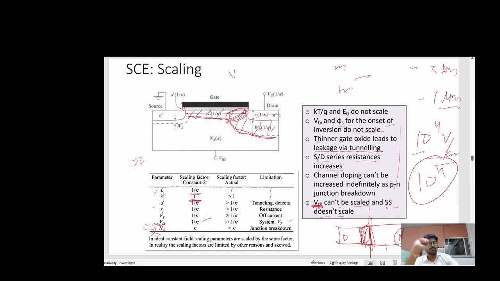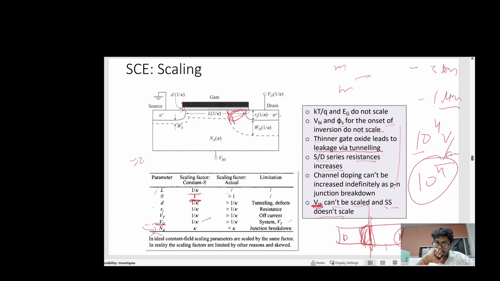If you do not apply the drain voltage, it was like this, right? Now this charge is generated by the drain voltage only, so you have to apply a lower gate voltage to create the channel, because some charge is already uncovered by the drain voltage in this region.